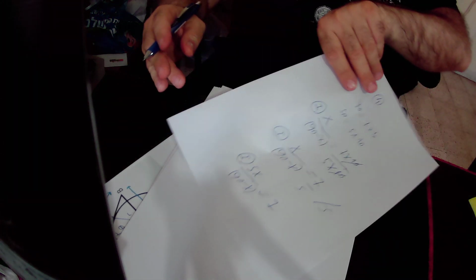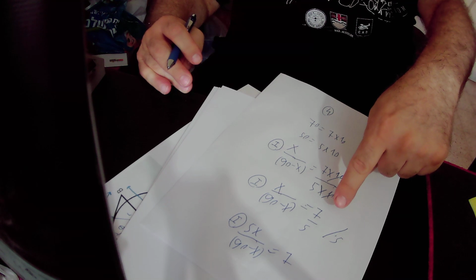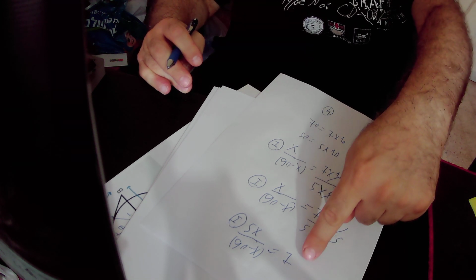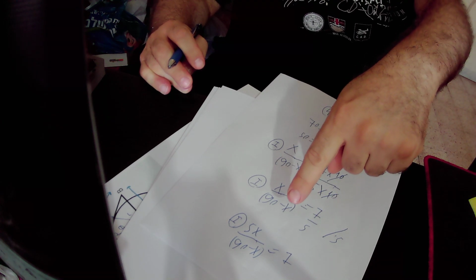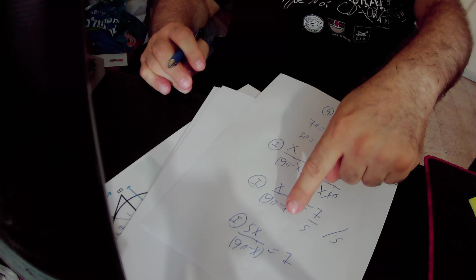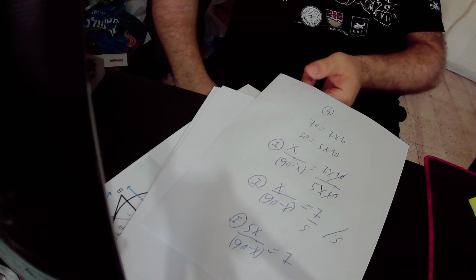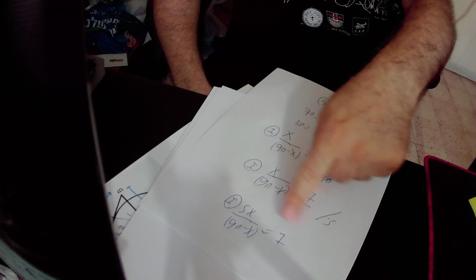After we multiplied by 5 both sides, 7 divided by 5 times 5 equals 7, and X over 90 minus X times 5 equals 5X over 90 minus X. Now we can multiply by 90 minus X both sides of the equation.